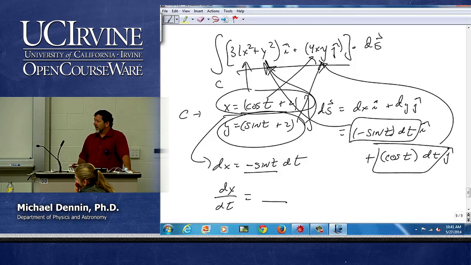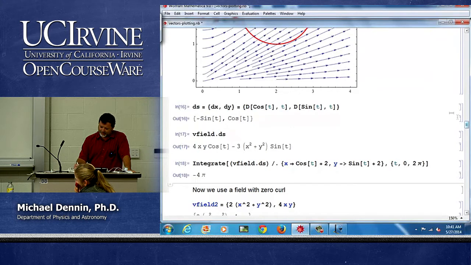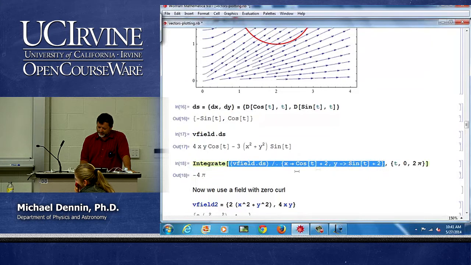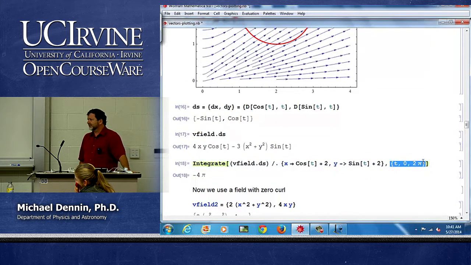About the messiest slide I could possibly make. Right? That's what I'm doing by hand. That set of operations, which is what we practiced earlier in class, is exactly this set of Mathematica operations. Compute ds, do the vector field dotted into ds, and substitute in for x and y before you integrate over t.